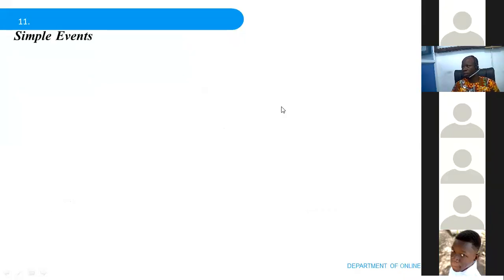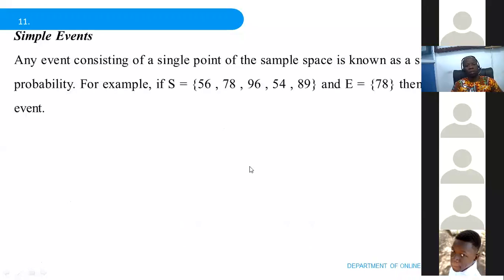Simple events. Any event consisting of a single point of the sample space is known as a simple event in probability.